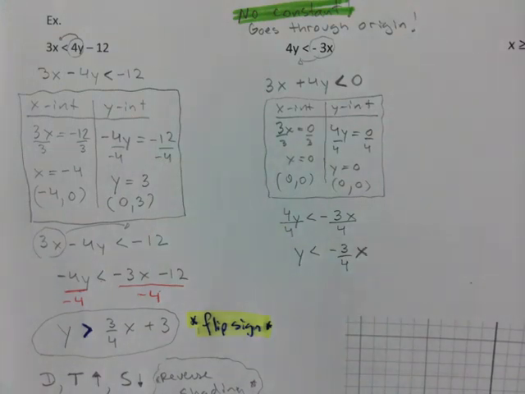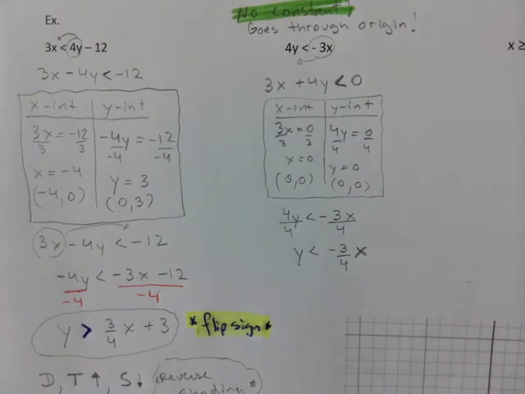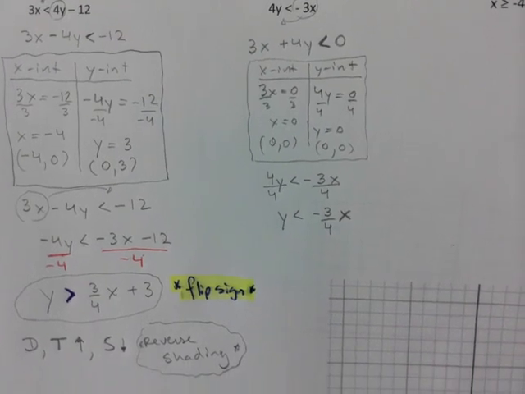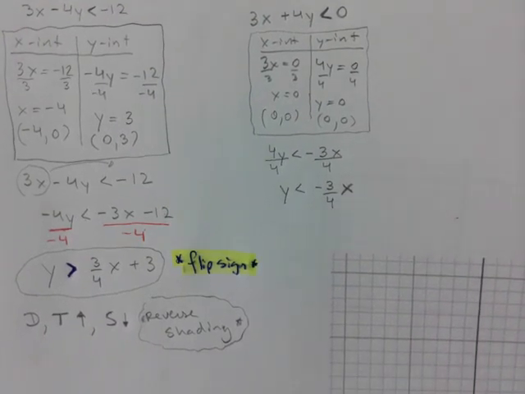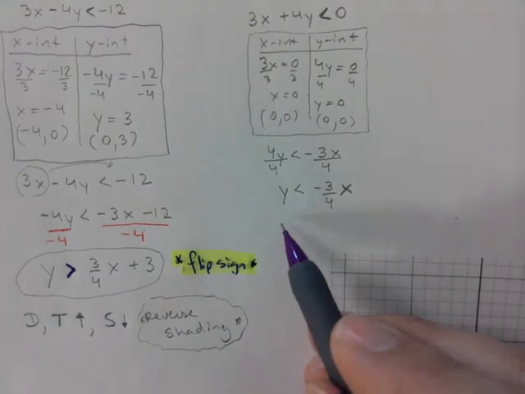And this is the part where you need to pay attention. X is the independent variable here. I will let x be something, and then we'll figure out the y.